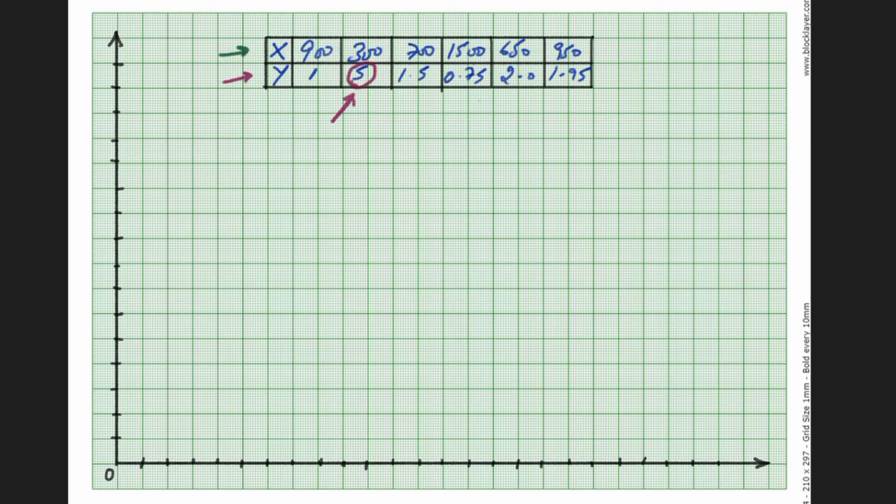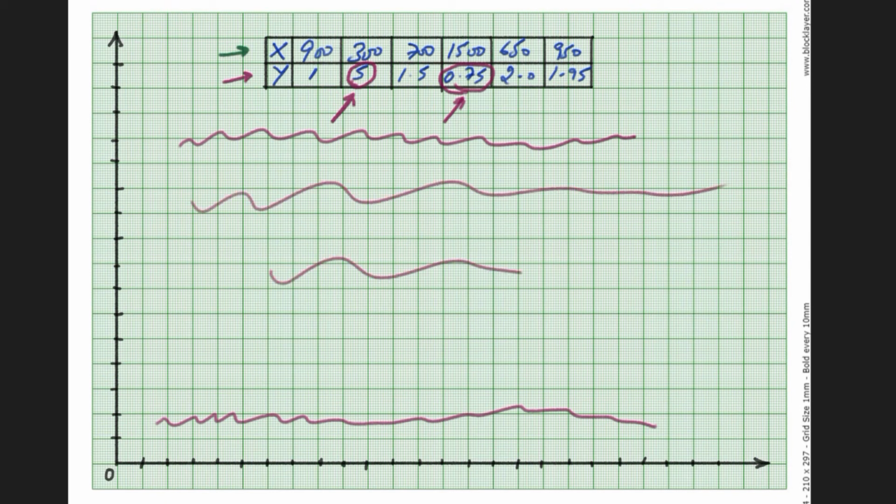But here, look at the smallest number also. The smallest number is 0.75. Ideally, I would like this number to appear somewhere here and this number somewhere here. So the entire range of y values will be somewhere here, which is good enough.